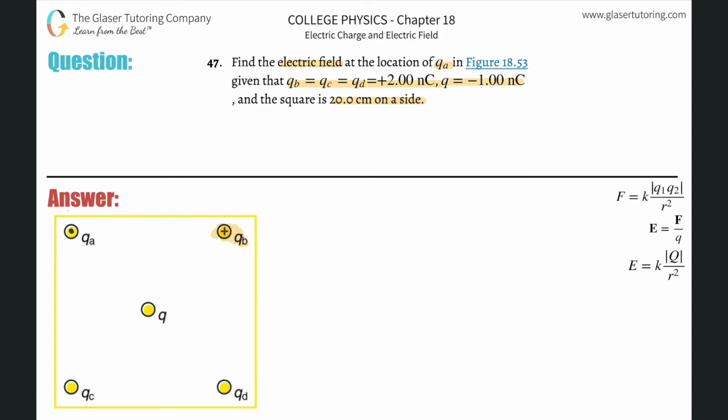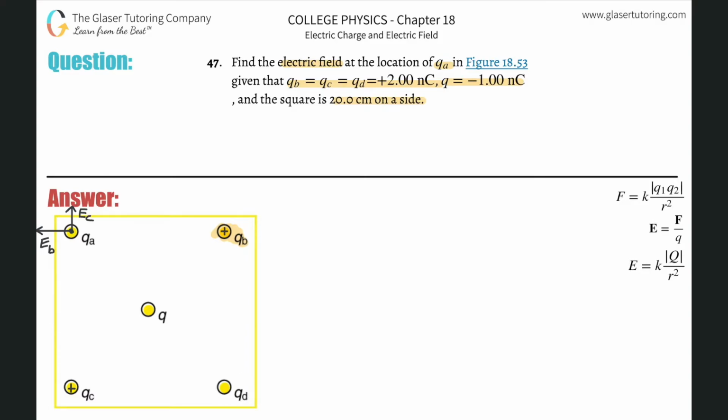And therefore, at the point of interest over here, we're going to have a vector pointing to the left. That would be the electric field produced by B at this particular point. How about C? Again, they told us that it's 2 nanocoulombs positive. So let's put that in as a positive. And that's now going to be pointing upward at that particular location. So that's the electric field produced by C.